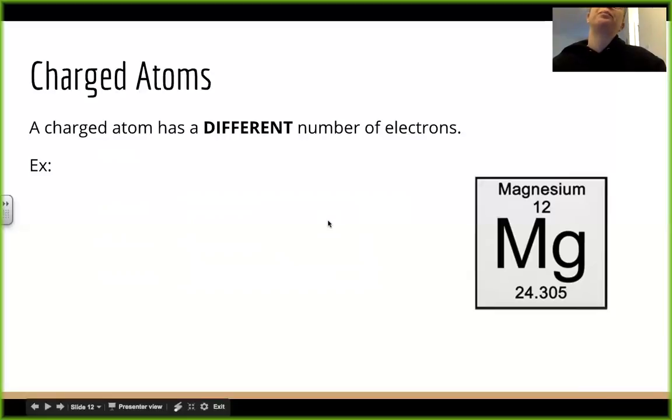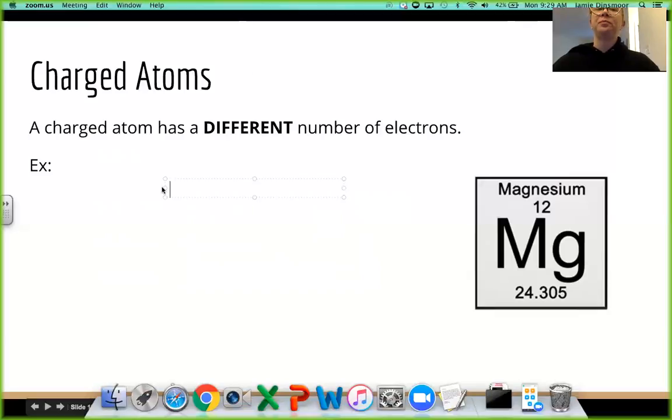Another common element is potassium, which is abbreviated with a K. I know, very strange. K is usually found as K plus. We'll do a 1 plus just so it's less confusing, with a positive charge of 1.